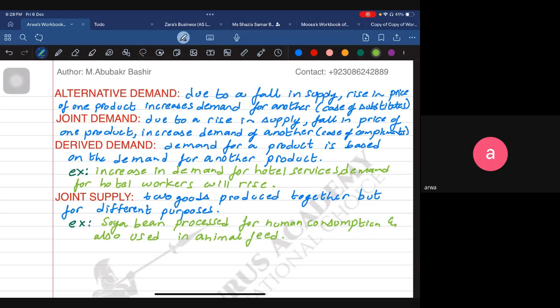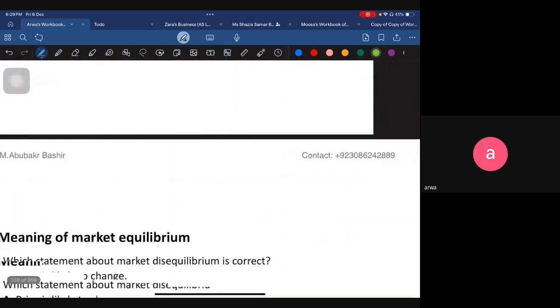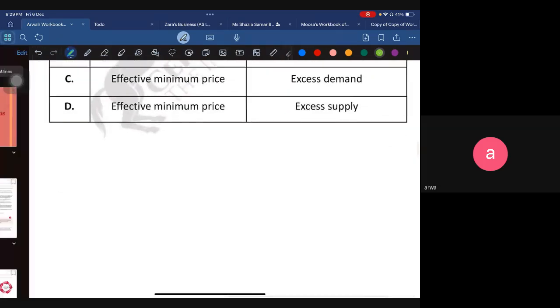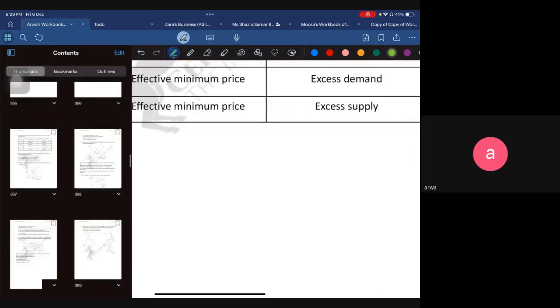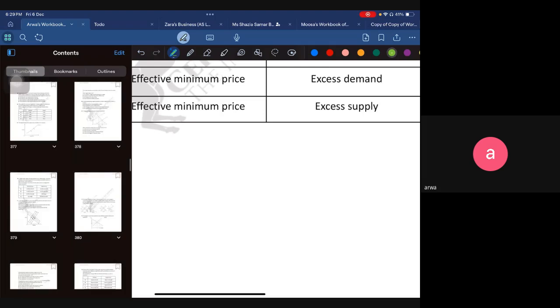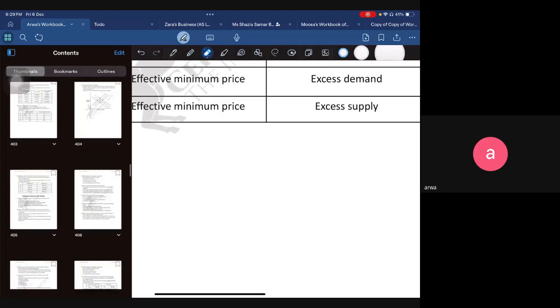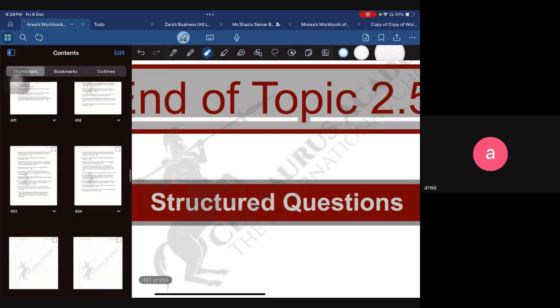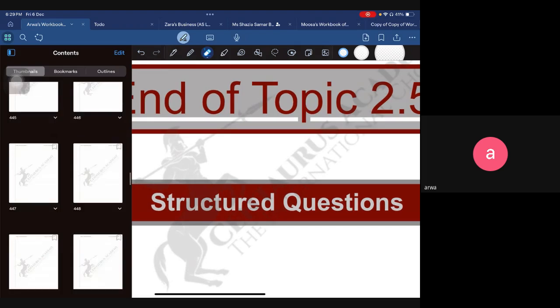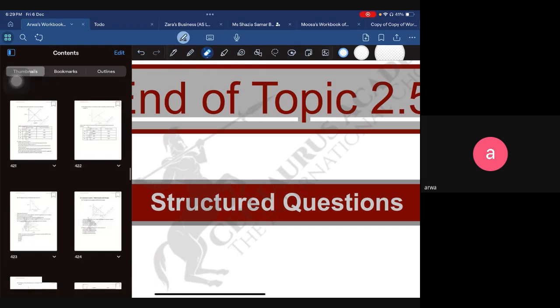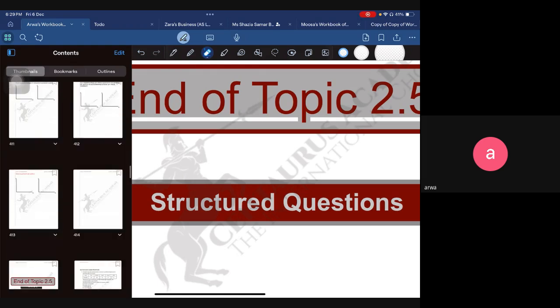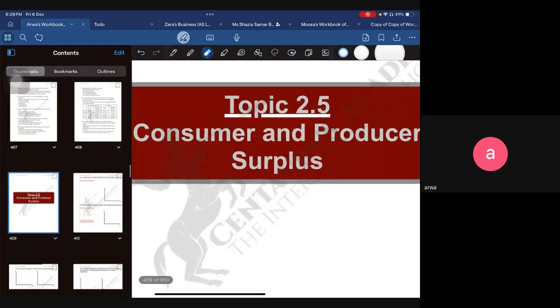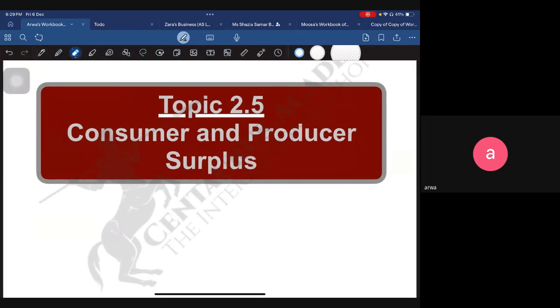Now moving forward to the new chapter. This is consumer and producer surplus.